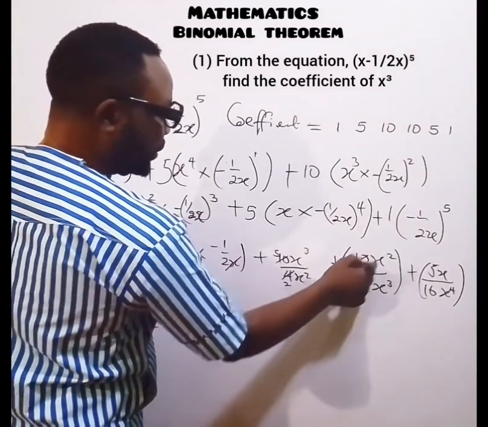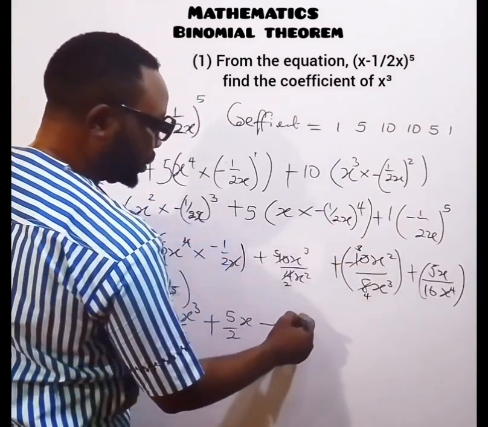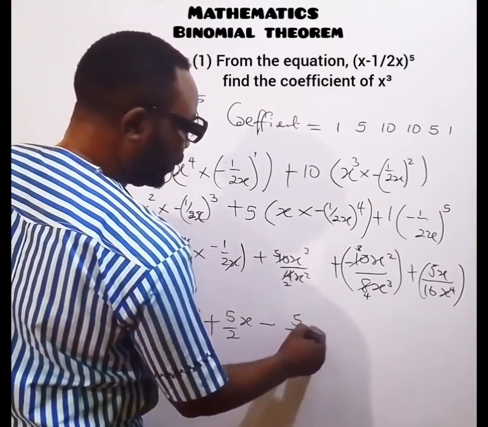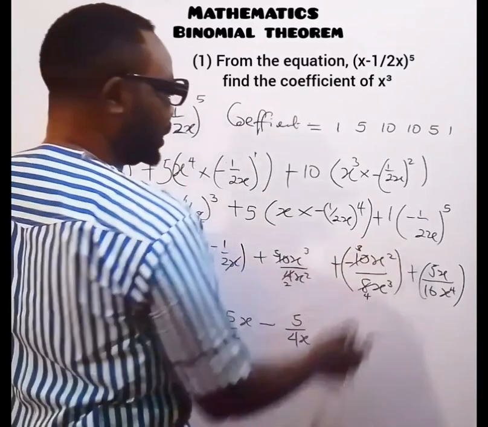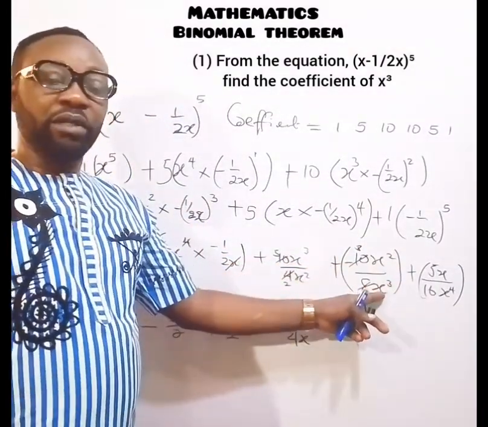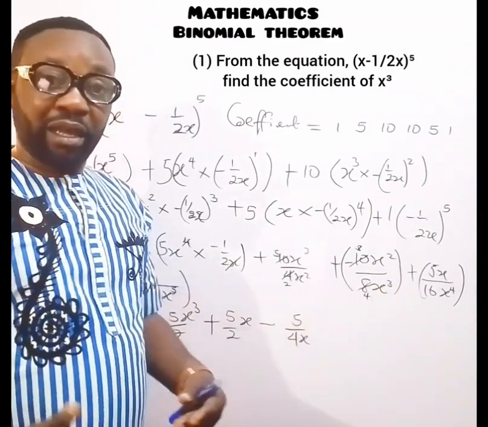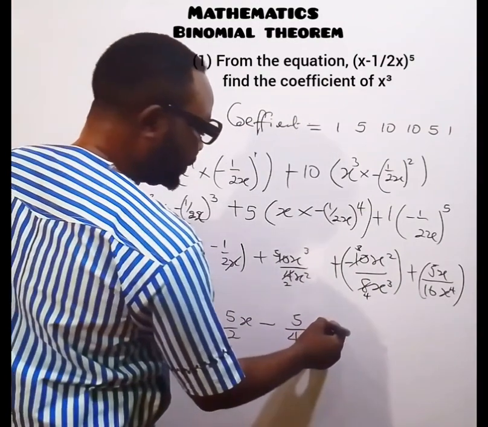That will be what? 2 here, 5. 2 here, 4. That will be equal to 5 over 4x, because you know that this numerator value is x squared, and at the denominator x is cubed, so that is how they will divide one another.